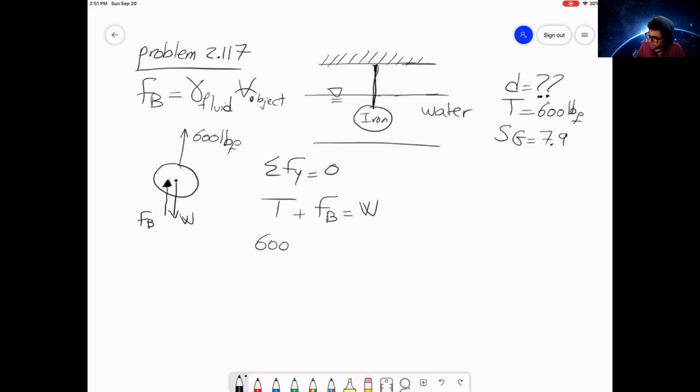Okay, and if you plug in 600, let's deal with SI units. That's how I solve the problem. So how do you convert pound force to newtons?